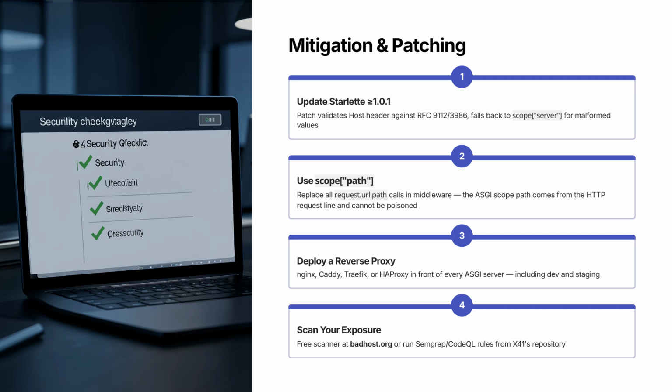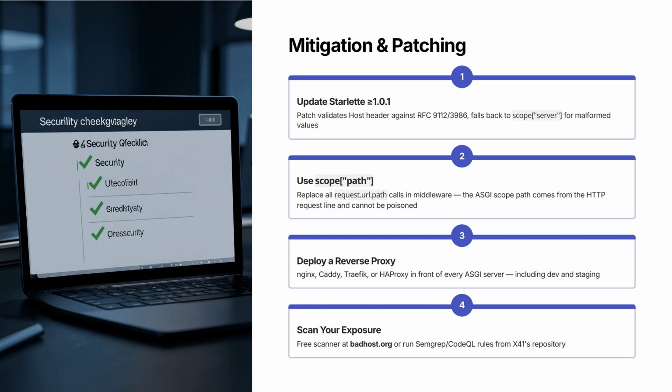To mitigate this issue, start by updating Starlette to version 1.0.1 or later. The patch hardens host header handling by validating it against the relevant RFCs, and if the value is malformed, it safely falls back to scope server data instead. Next, use scope path instead of request.url.path inside middleware.